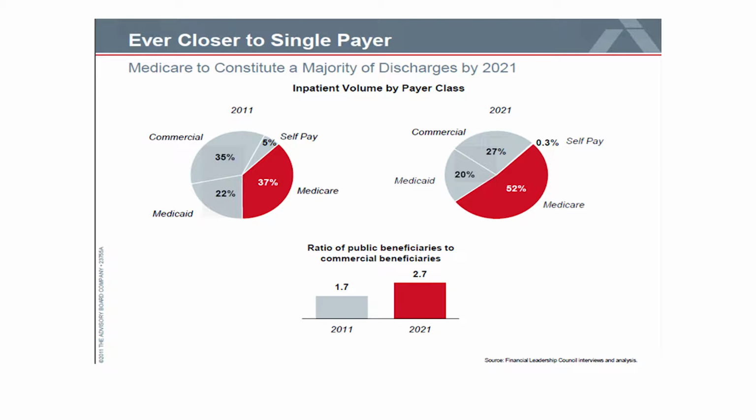So approximately 52% of the U.S. population qualifying and receiving Medicare coverage. So with that ratio from 2011, 1.7 public to commercial beneficiaries up to 2.7 projected for 2021.